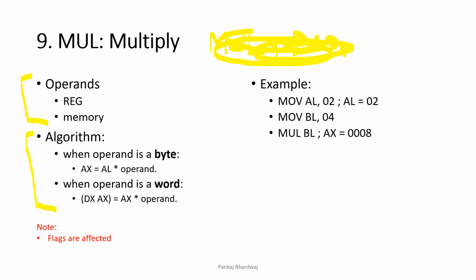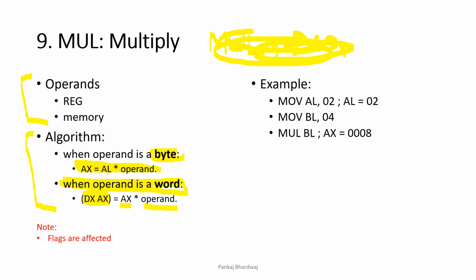The algorithm will be: when the operand is a byte, that means if it is an 8-bit operation, then AX will be AL into operand. So one of the operands is by default AL, assumed to be AL. When the operand is a 16-bit word or 2-byte word, then the result is available in the combination of DX and AX, these 2 16-bit registers, and this will be AX multiplied by the operand which we give.